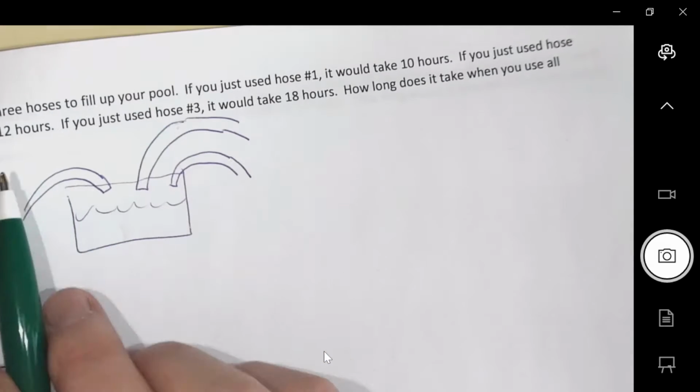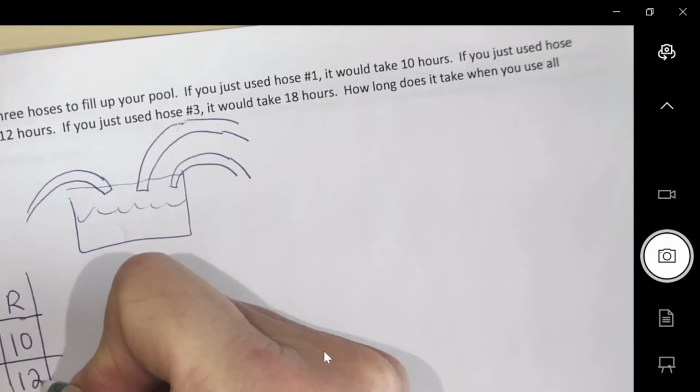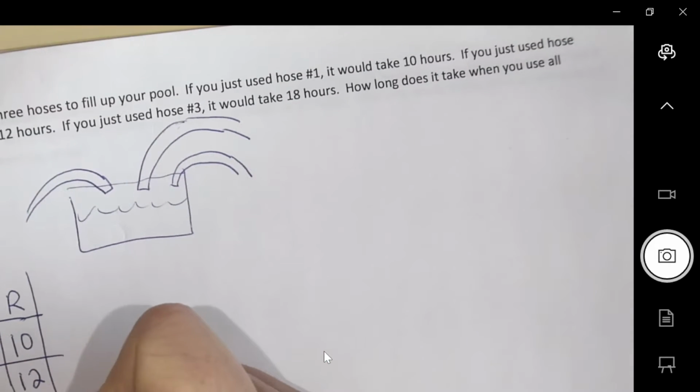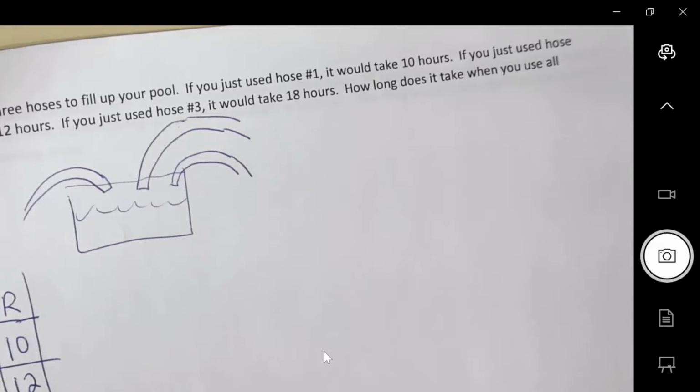That's a lot of time too. That is its rate. If you were to use hose number 3, it would take 18 hours. How long does it take when you're using all 3 hoses at once?